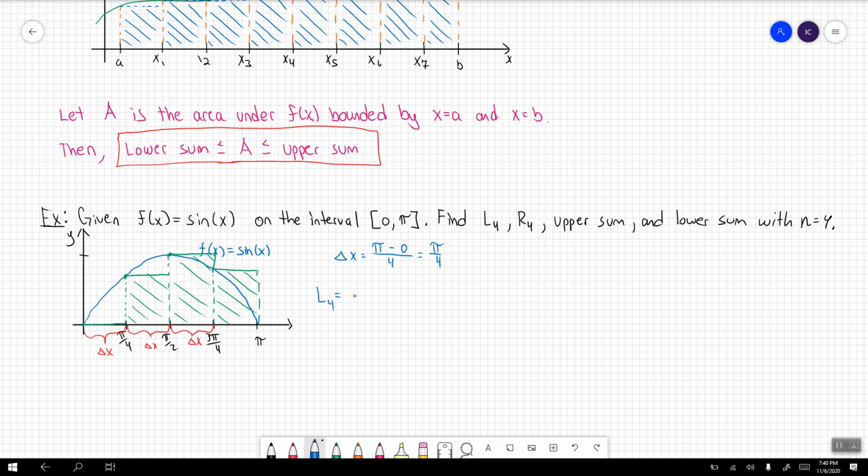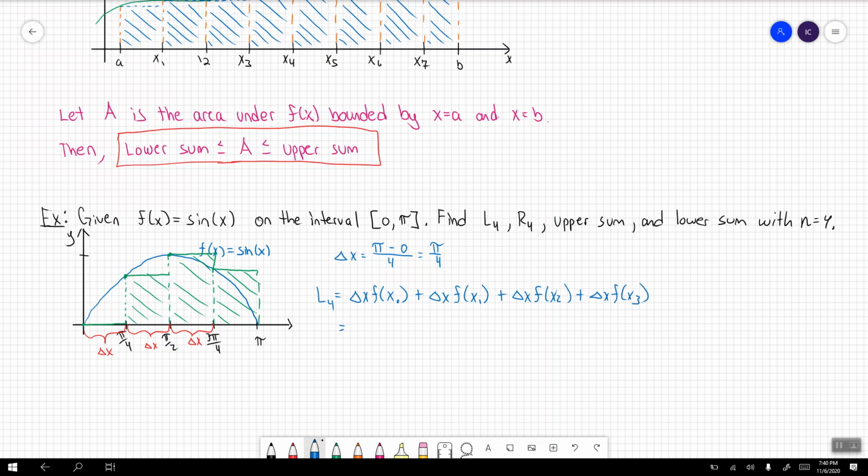I want my delta x multiplied by f of x naught, plus delta x multiplied by f of x sub 1, plus delta x multiplied by f of x sub 2, and finally delta x multiplied by f of x sub 3.